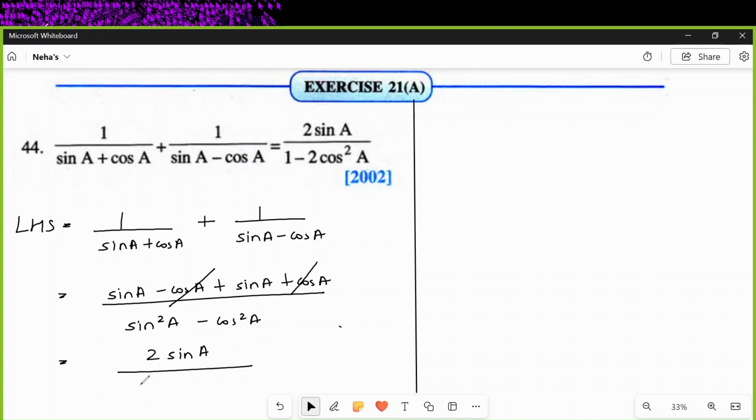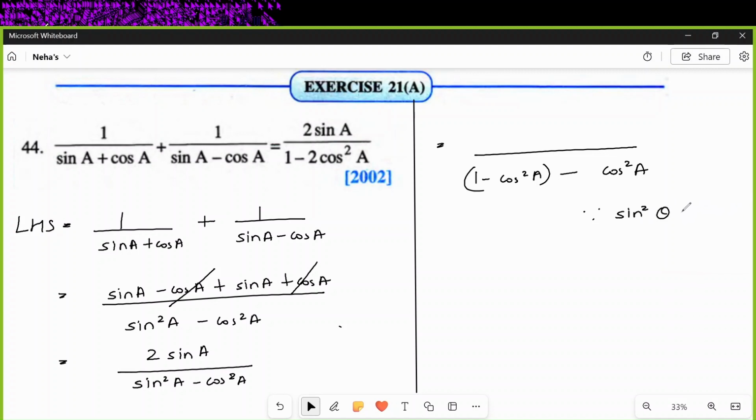We are left with 2 sin a in the numerator, and the denominator will now become sin square a minus cos square a. Now sin square a minus cos square a can be written as 1 minus cos square a minus cos square a. This is because sin square theta plus cos square theta is equal to 1.